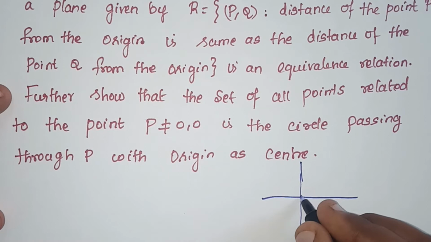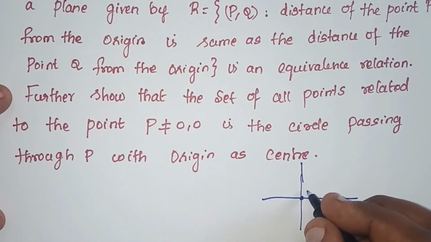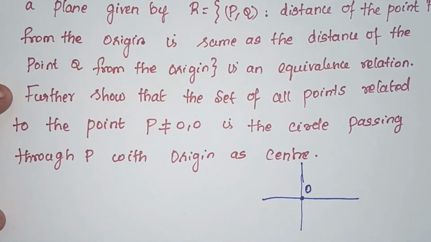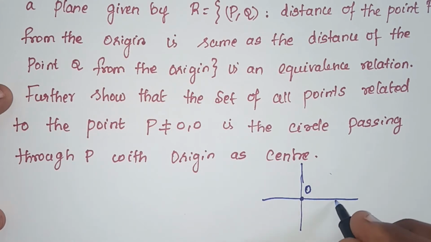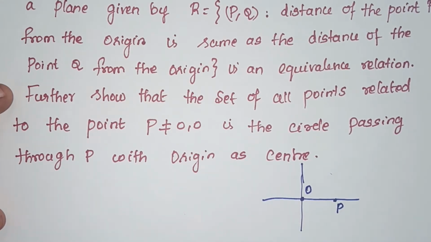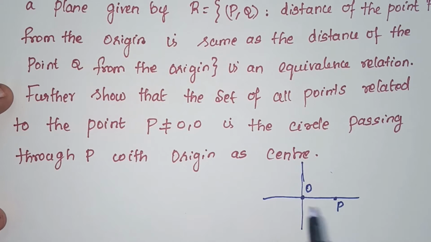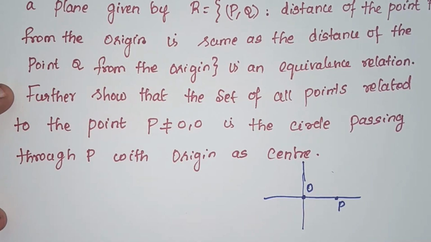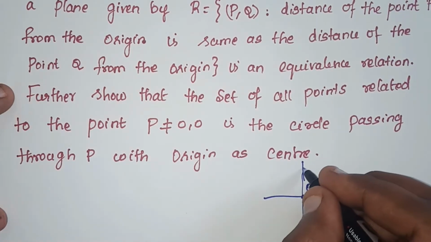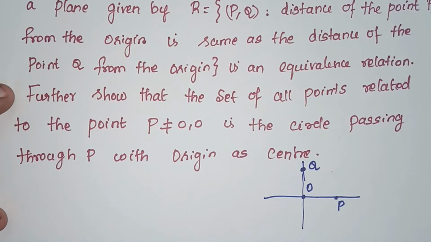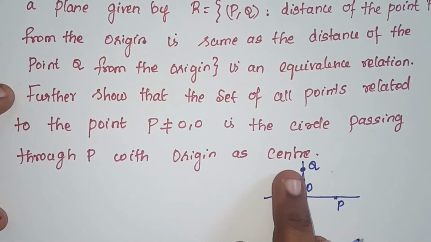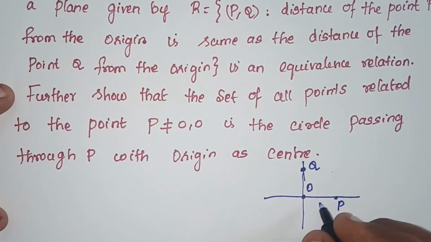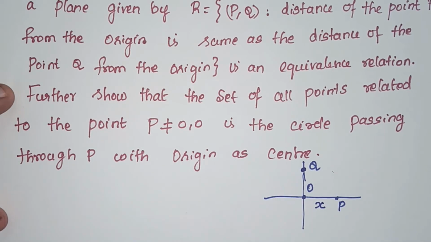I am taking this as the origin, and it is denoted by O. This is the point P. The distance of the point P from the origin is the same as the distance of the point Q from the origin. I am taking this as the point Q. So this distance is the same as this distance. For example, if this distance is x, then this is also a distance x.